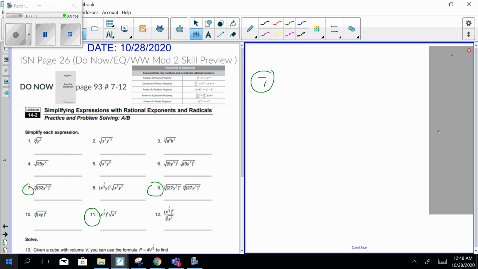you have the fifth root of 32y to the fifth power, all raised to the third power. That's how you say that. So I'm going to rewrite the question here.